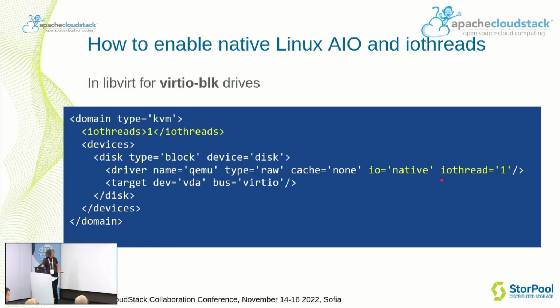Unfortunately, there are two different ways to define this depending on the type of virtual block device. If the block device is virtio block, then you can specify iothread directly on the device element, in the driver element.